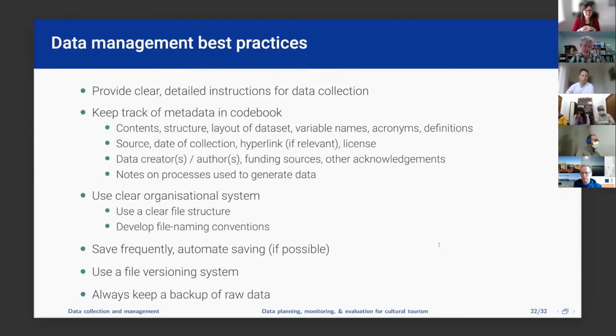Big mistake with data: save frequently, automate saving, save regularly. I can't stress that enough, especially if you're doing a lot of manipulation or you are manually entering data. Save, save, save.